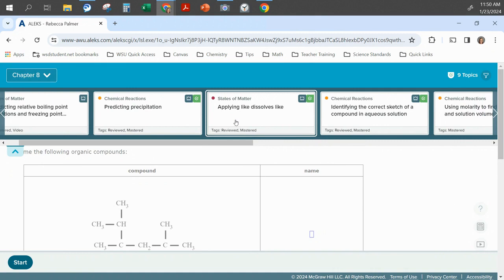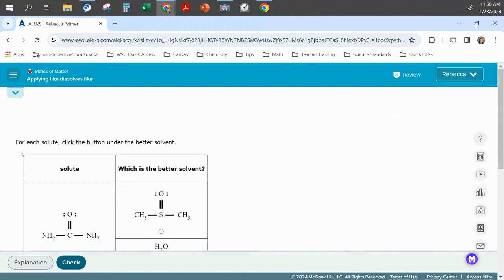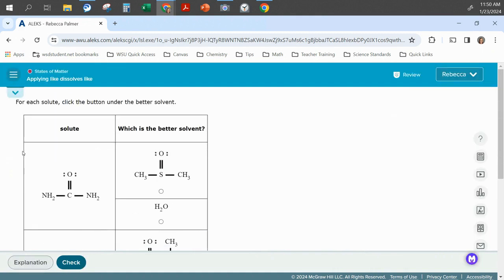Did we talk about like dissolves like last time? No. Okay, let's talk about like dissolves like. When we're doing this topic, we're going to look for a few things, like hydrogen bonding. This is another topic where we need to think about what kind of compound we have.